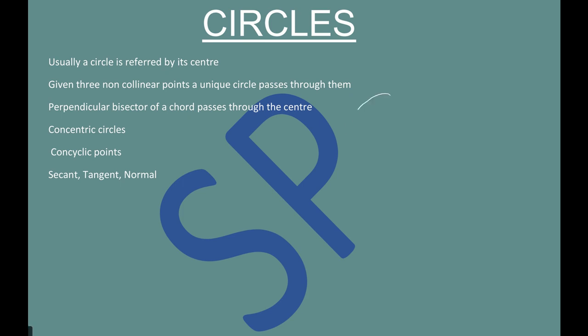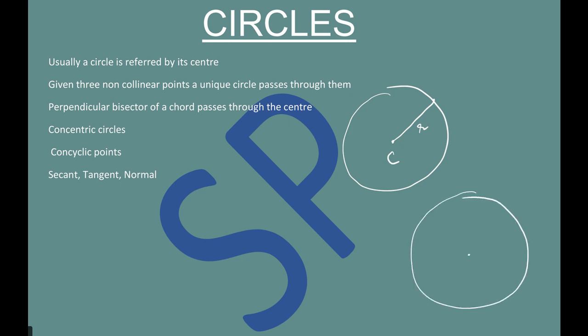See, suppose I have a circle having center as C and the radius R. So I have one more circle having center as D and radius say R1. Now if I am going to take a point P on this circle, I simply say take a point P on the circle C. What I am trying to tell you is, I am going to refer to this circle by its center.